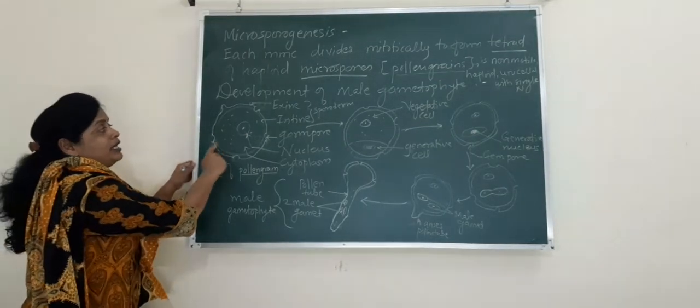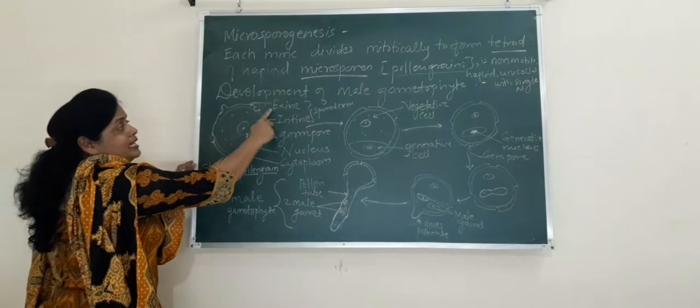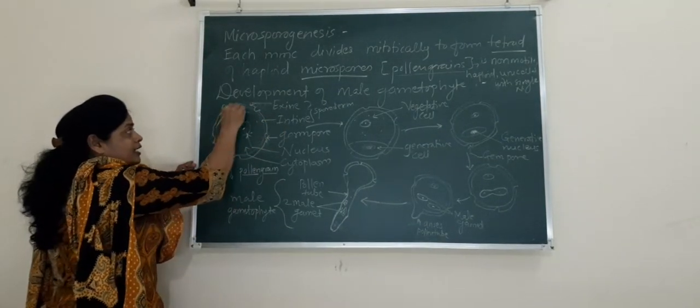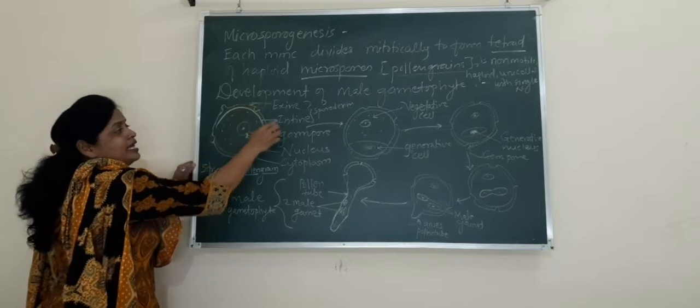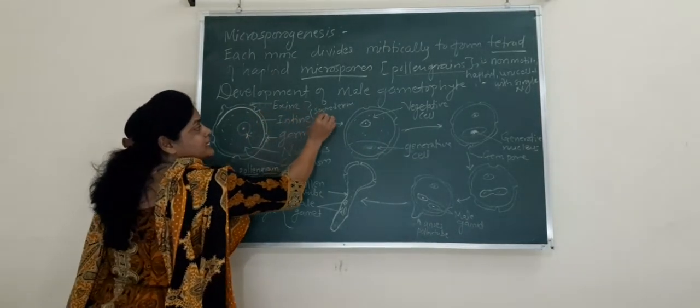These pollen grains consist of two layers. The outermost layer is the exine, the innermost layer is the intine. Both layers are known as sporoderm.